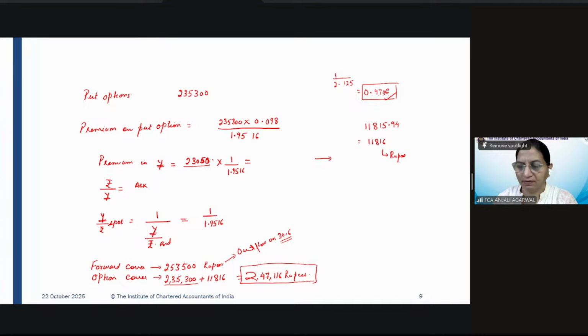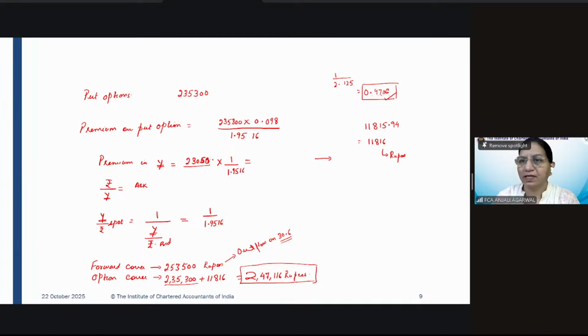0.4706, right? However, if the price of the rupee is more in the market, more than 0.4706, you will not use the option, you will sell it in the market. So then you will end up getting more yens against this.